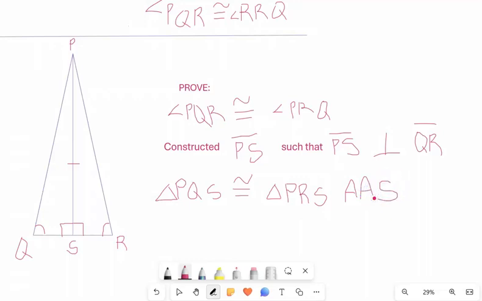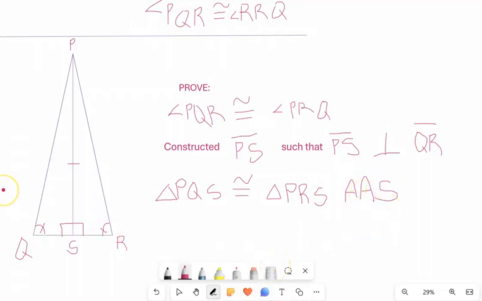AAS stands for angle, angle, side, and we know this because angle PQS is congruent to angle PRS, because these are the same, and we know that they both have this matching side here. Since there's two angles and one side, it's angle, angle, side.